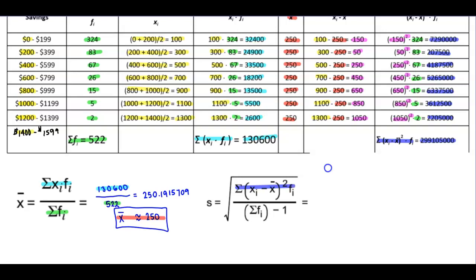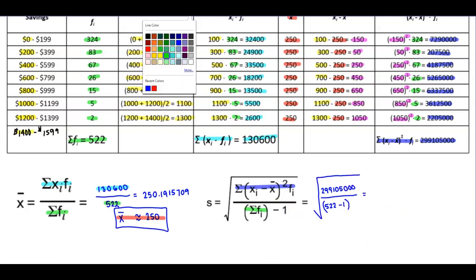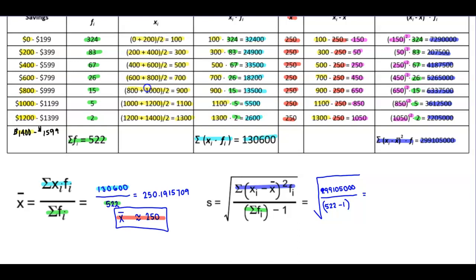Then we're going to put the sum of the frequency, which is 522, in the denominator and subtract 1. So again, in the numerator, we have 299,105,000, divided by 522 minus 1.